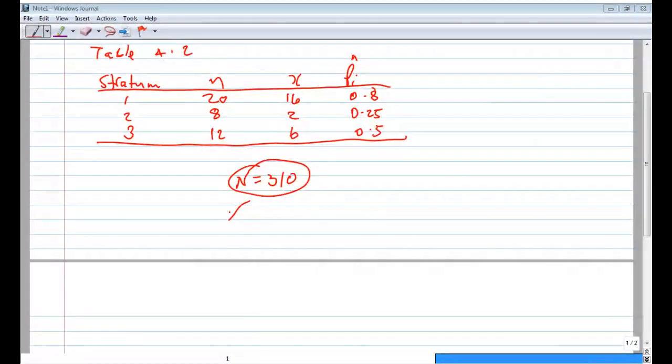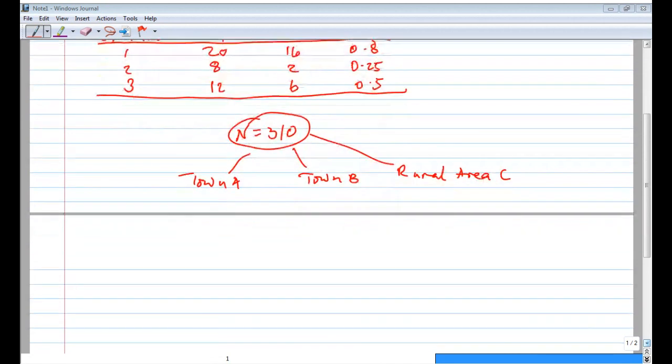Stratum number 1, we've got town A, then number 2, town B, then the third one, we've got rural area C.